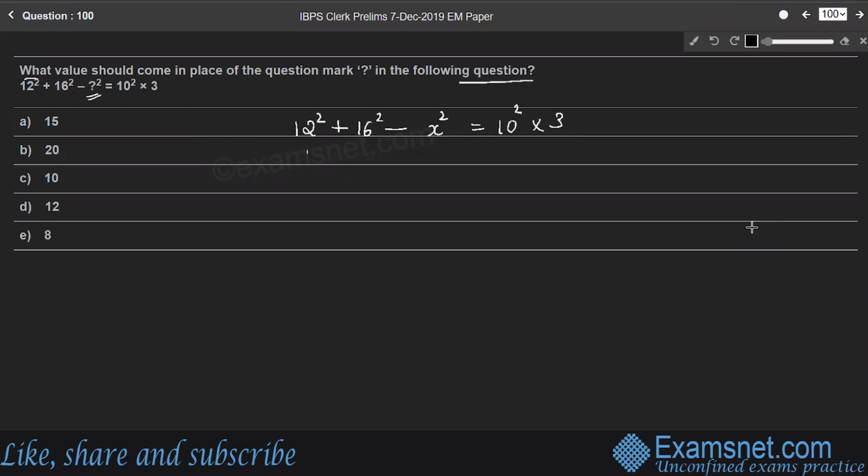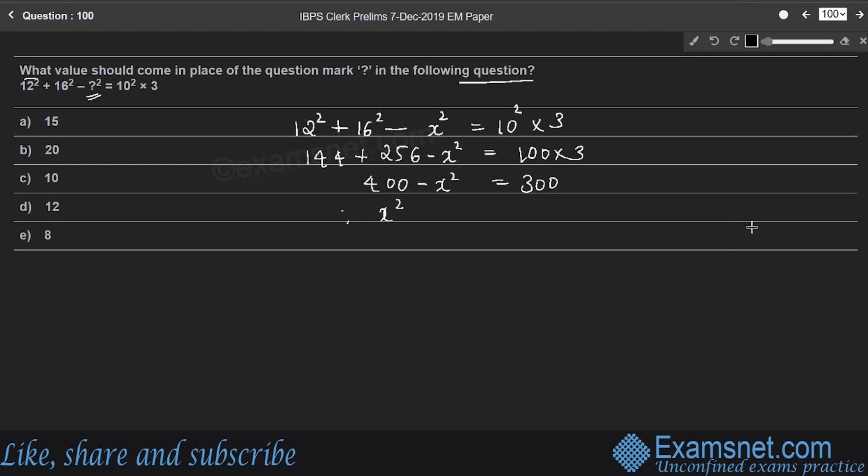So 12 square is 144 plus 16 square is 256 minus x square is equal to 10 square, which is 100, into 3. Therefore, 144 plus 256 is 400, right? 400 minus x square is equal to 300.